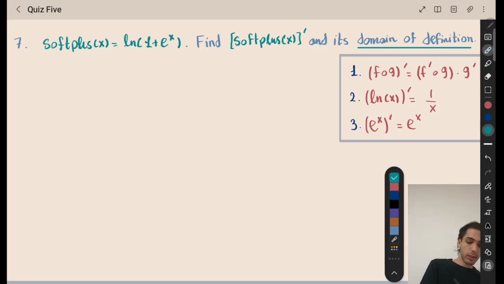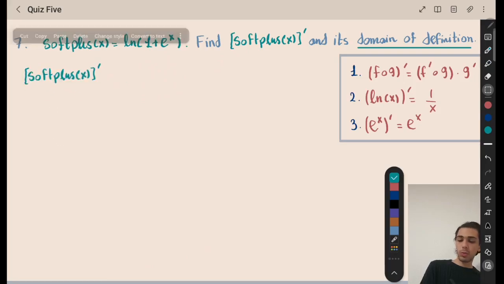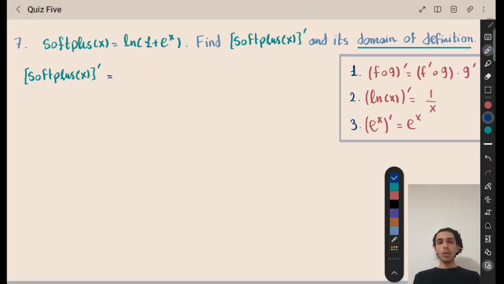So let us indeed take the derivative of softplus. For this we'll apply number 1, which is the chain rule. So we need to find the derivative of ln of x.